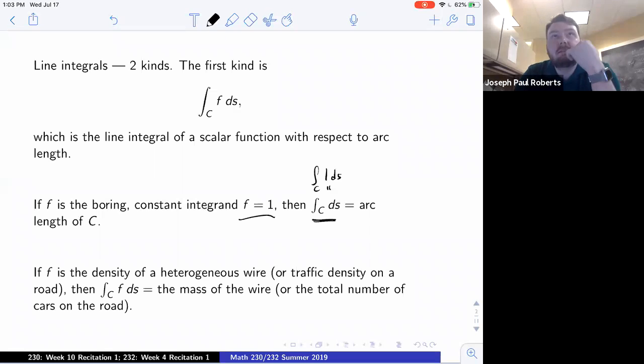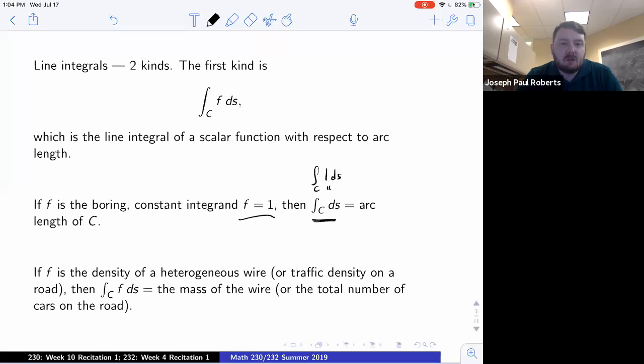And so that's consistent with what you had from Calc 1, where you do the integral from a to b of dx, you just get b minus a, which of course is the length of the interval of integration. Back in chapter 15, when we did the double integral of the boring constant function 1, we got the area of the region. And also in chapter 15, when we did the triple integral of the boring constant function 1, we got the volume of the region of integration.